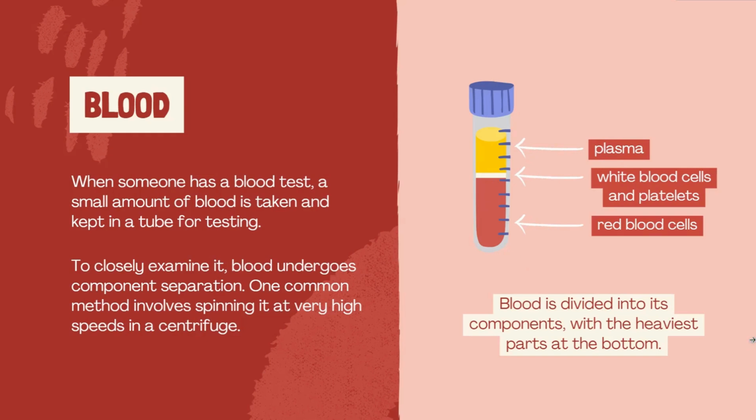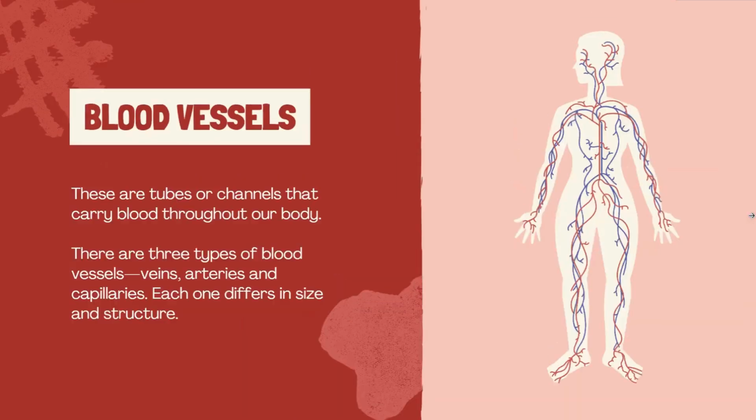Now, this blood that we've talked about has to pass through certain parts of the circulatory system, and these are the tubes or channels called blood vessels. These are tubes, like I said, or channels that carry blood throughout the body.